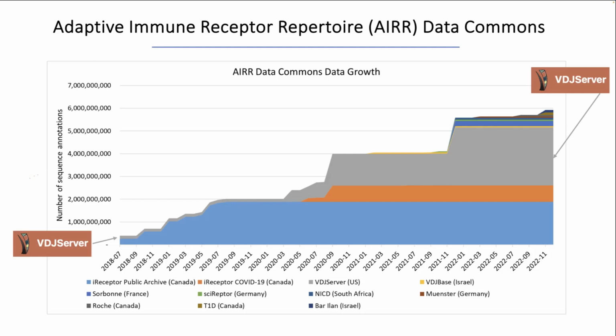There is some mouse data, but the majority of it is human data. This is just showing you the growth of it, and we expect this to continue in the future, because there are many studies that could still be curated and put into the AIRR Data Commons.